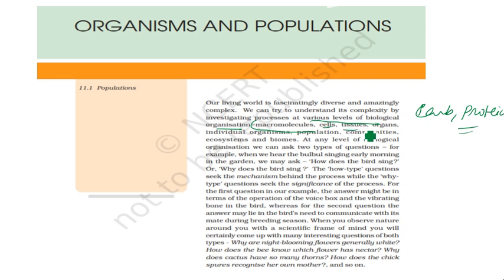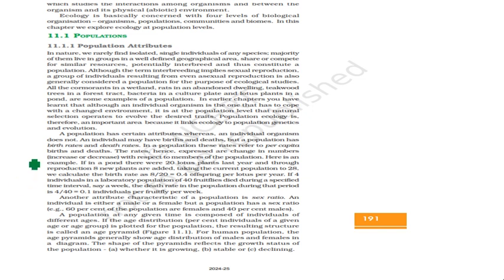Then cells, tissue, organ system, individual organisms, population, communities, ecosystem, and biomes. All of them are different levels of biological organization. Now, nothing important from the remaining part, you can omit this out. Now next, move to the next page.